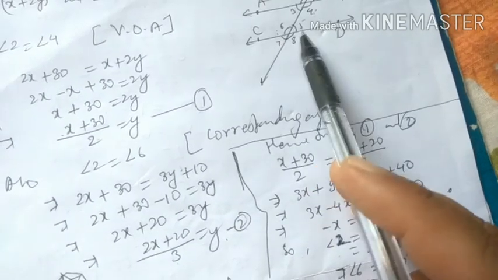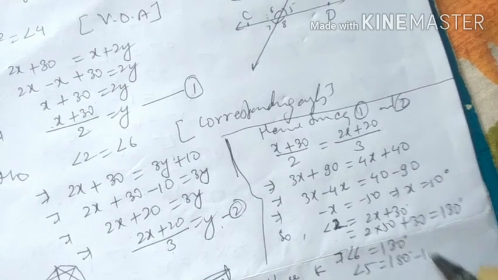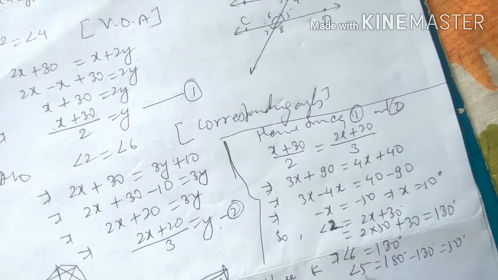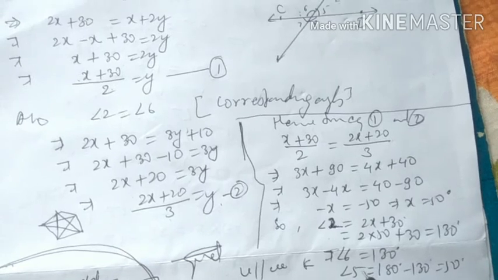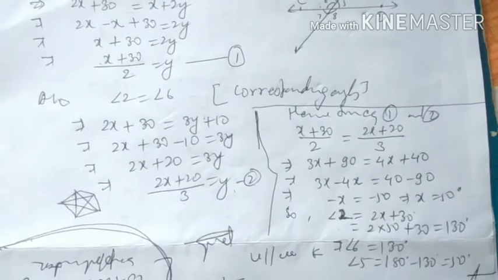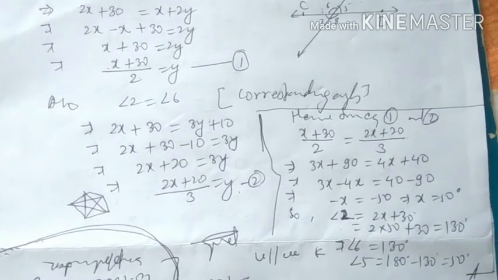Angle 5 and 6 are a linear pair, so angle 5 equals 180 minus 130, that is 50 degrees. So angle 5 is 50 degrees, it is our answer. In tomorrow's class we will discuss some new topic.